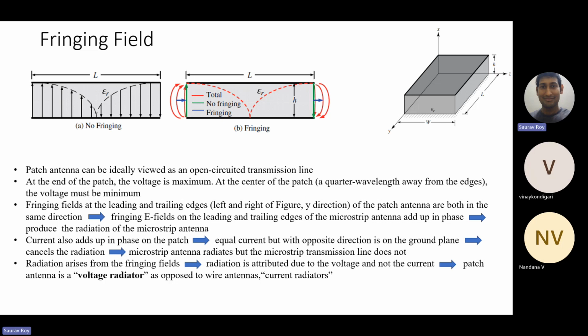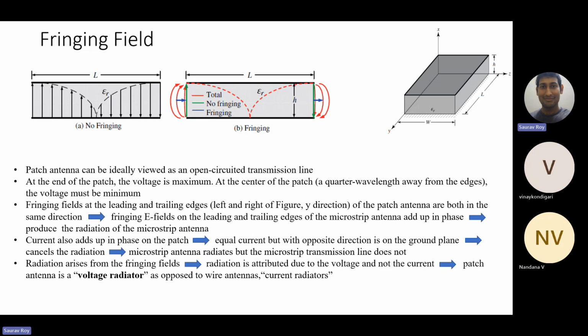But the current also, if you see, this is the voltage. Okay, electric field means voltage. If you see the current diagram, they also add in phase, but an equal current will also be there on the ground plane. So that cancels the radiation. And it is almost equivalent to a microstrip transmission line.